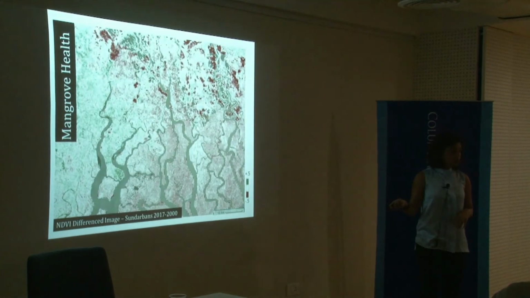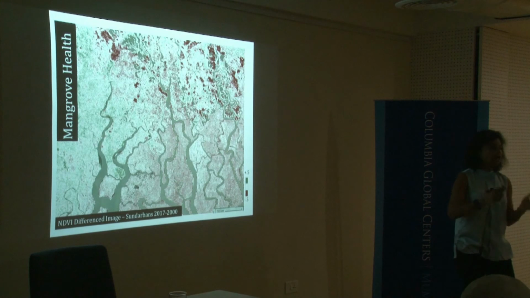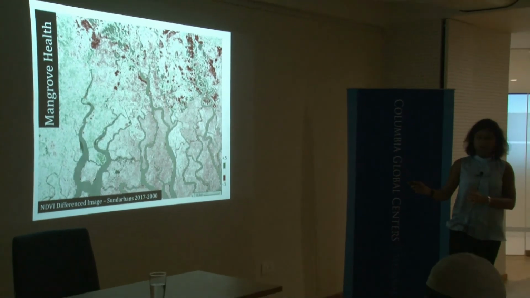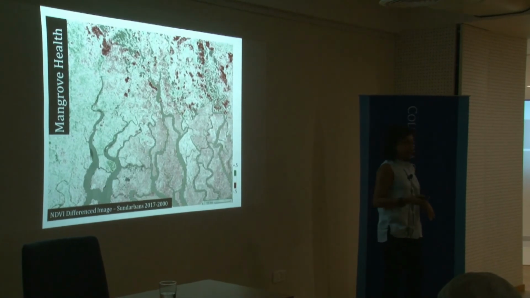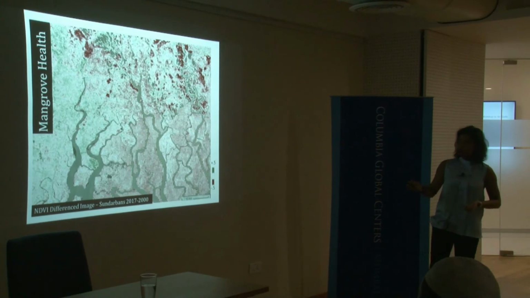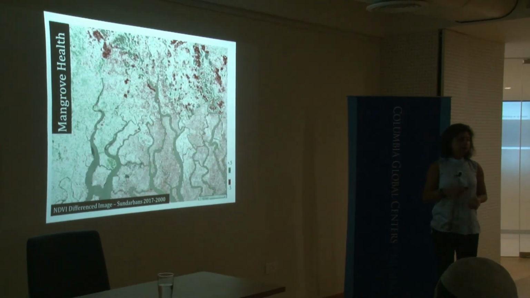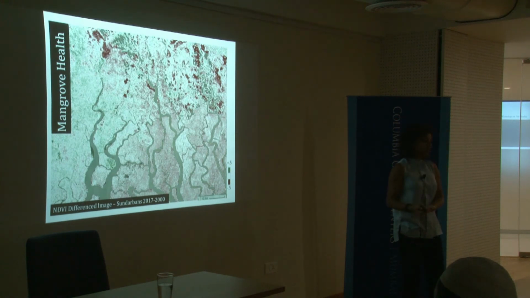First of all, let's quantify. Let's not trust our visualization capability, and let's just go on with the empirical analysis. This is called an NDVI differenced image. Basically, you subtract one image from the other. So anything green means 2017, the later date, had healthier vegetation.